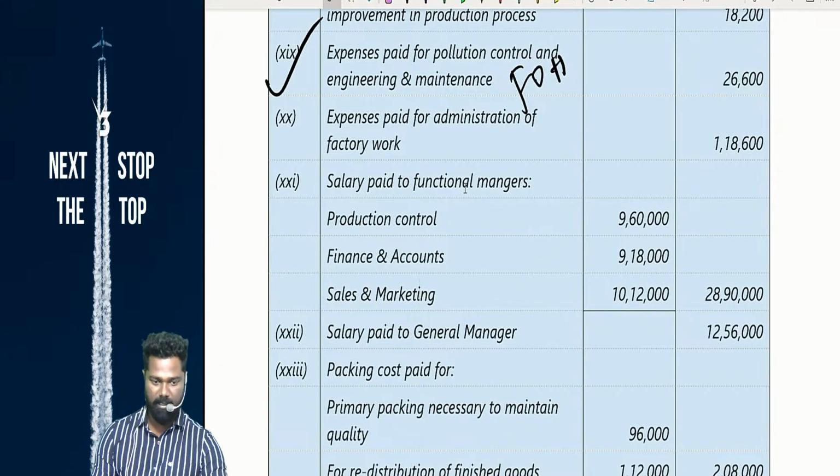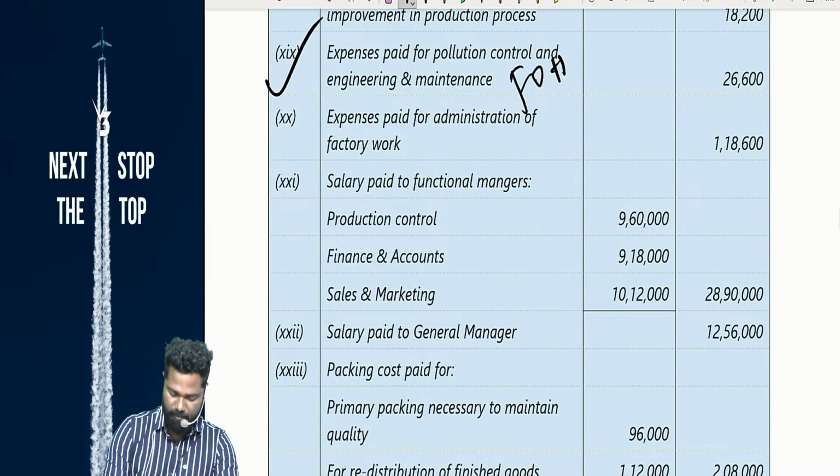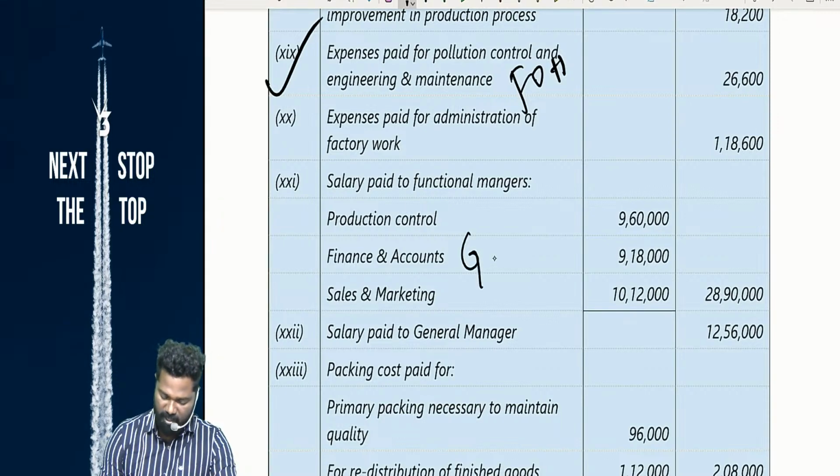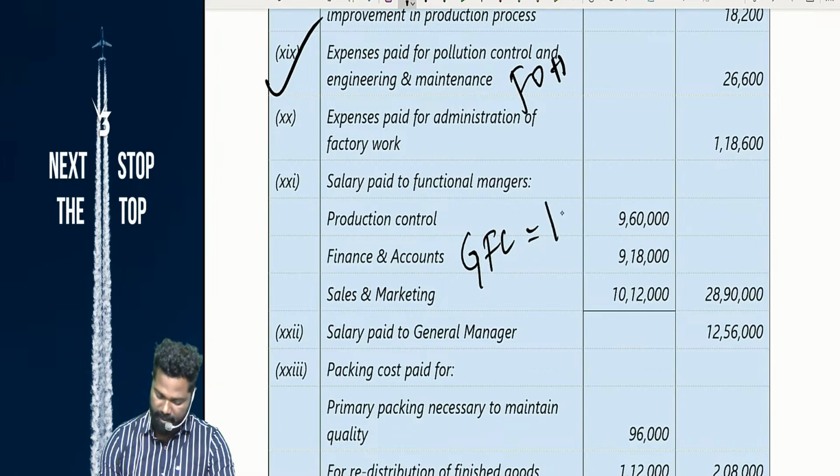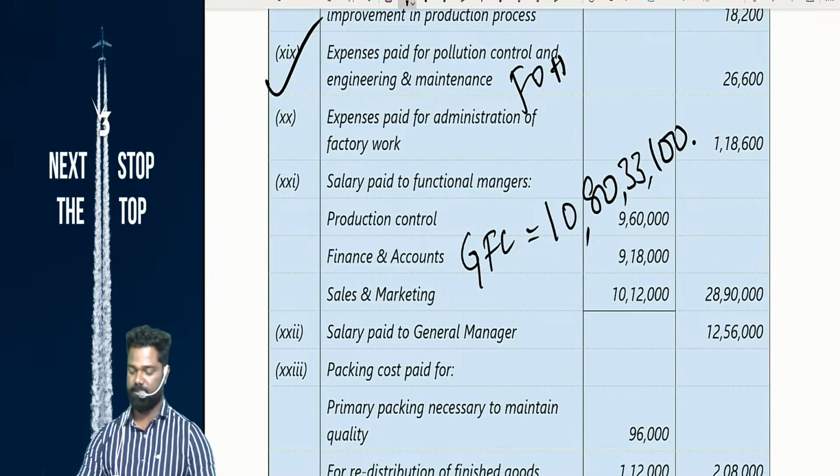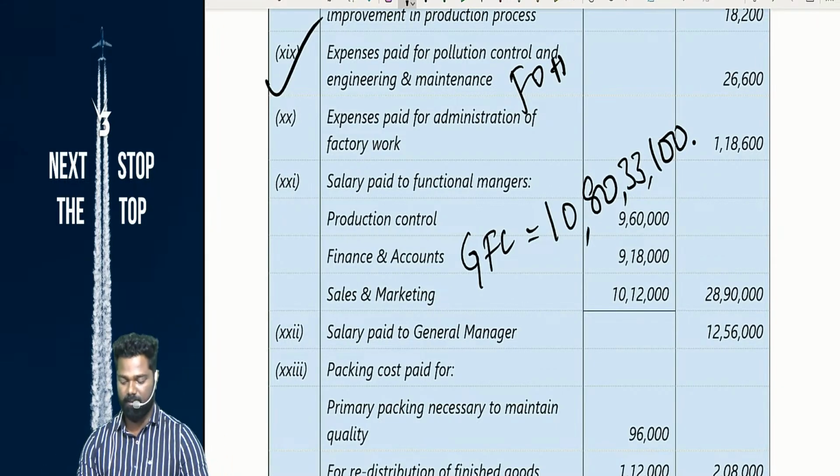So the total gross factory cost would be 10 crores 80 lakhs 33,100. This is the gross factory cost.